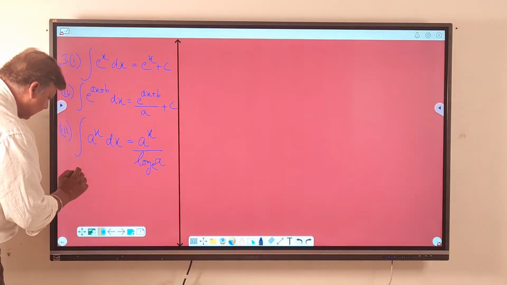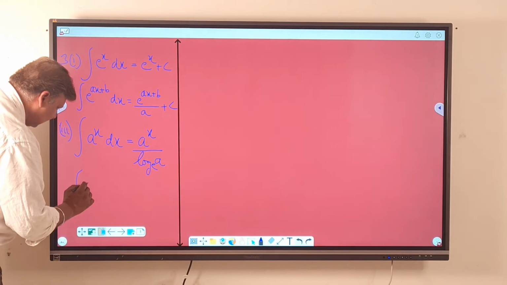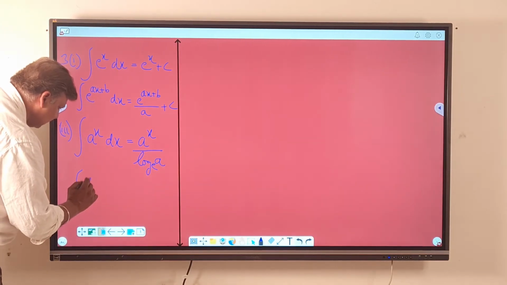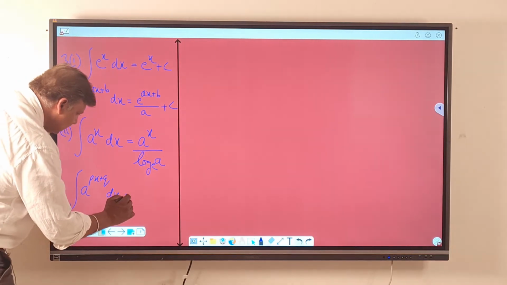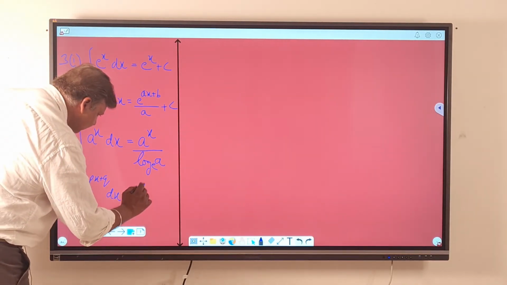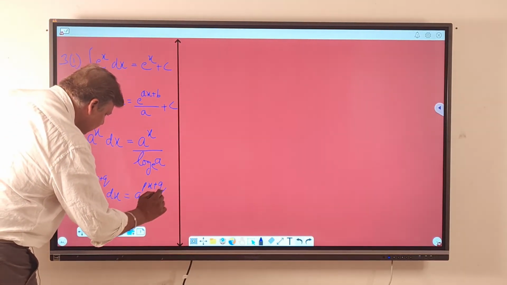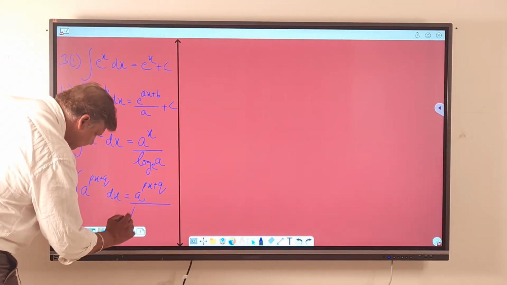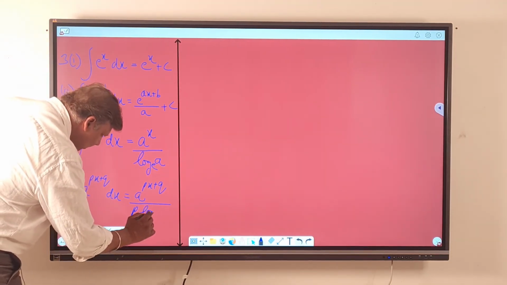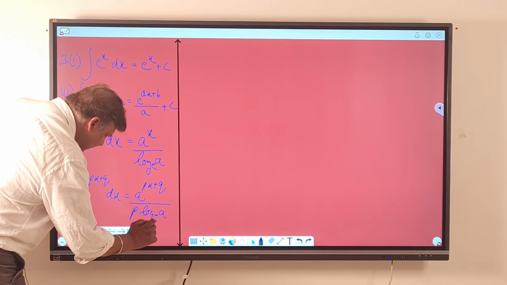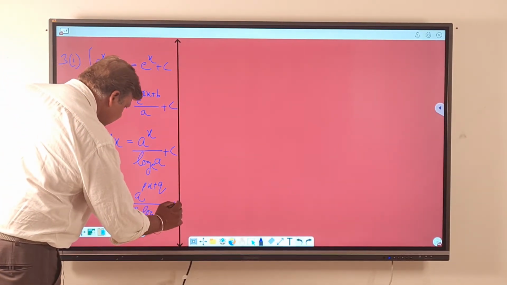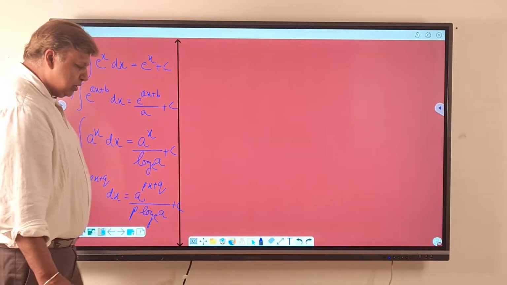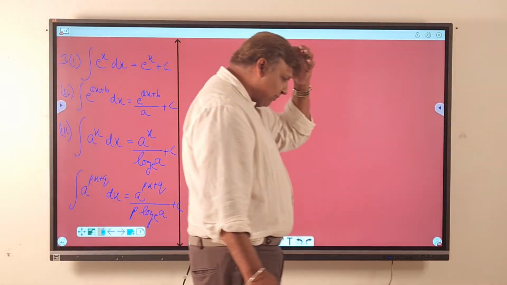And similarly, if you have a raised to power (px plus q), that's a linear, in that case you will have a raised to power (px plus q), now the coefficient of x, p, would come along with log a to the base e. And of course, plus c in both the cases. So these are the formulas. Please make a note of them.